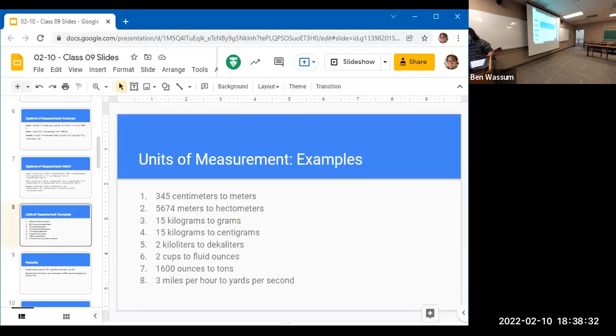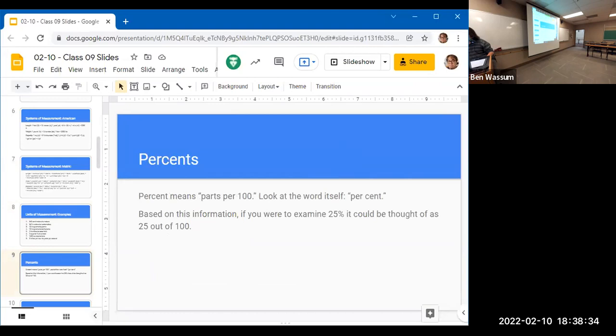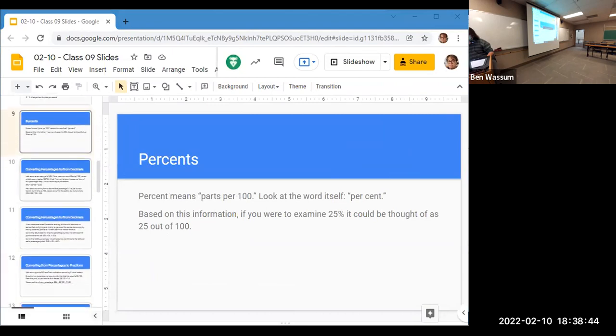All right, so we're going to jump into percentages. So we're going to end up just kind of playing around with this stuff. It should be kind of familiar to most of you.